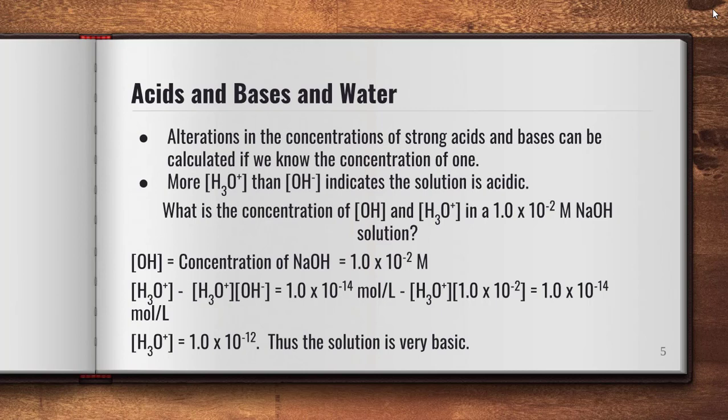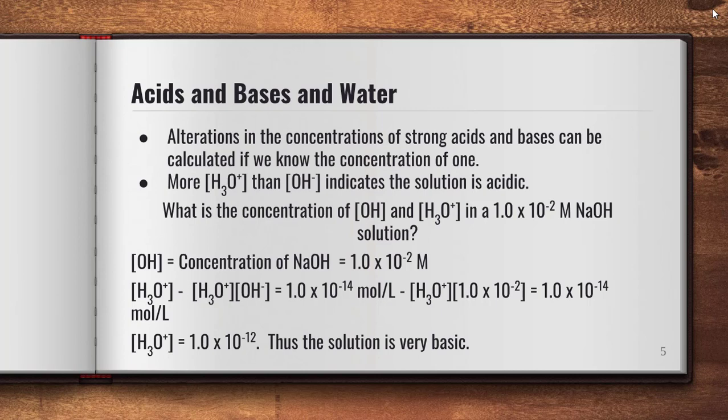Then what I do is plug it into the equation I just showed you. In order to figure out the concentration of H3O+, we plug in the concentration of OH-. So we get H3O+ times 1.0 times 10 to the negative second equals 1.0 times 10 to the negative 14th. We divide, and as you know, when we divide, we subtract when we're talking about exponents.